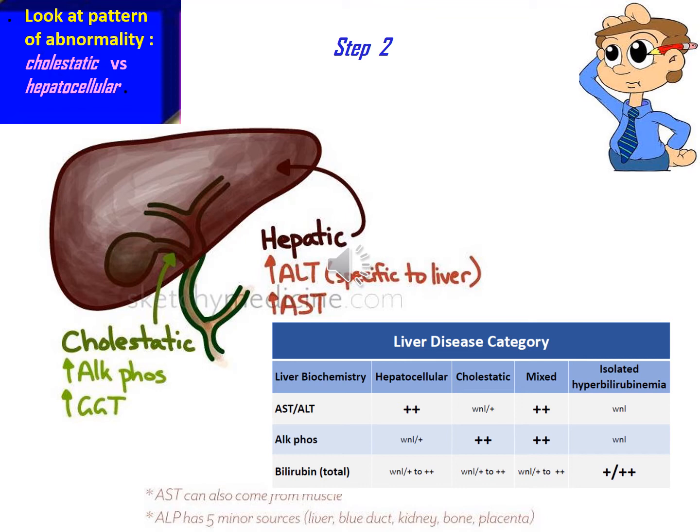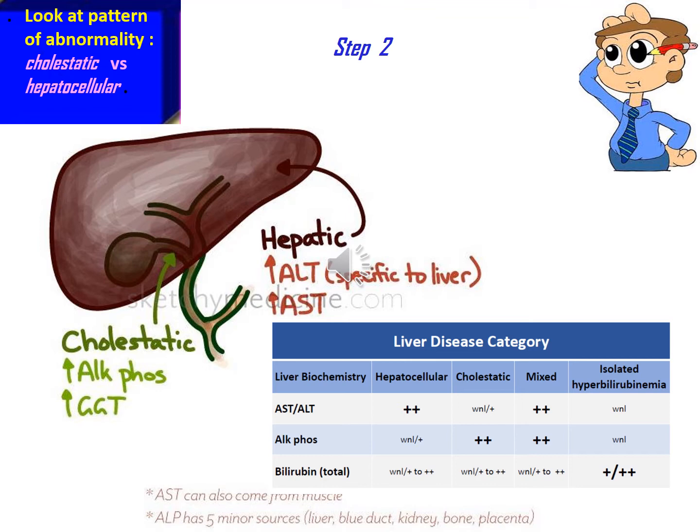If you see the row at the bottom of this table, bilirubin may be within normal or 1 or 2 plus in hepatocellular injury. The same in cholestatic injury. The same in mixed liver disease. Only in isolated hyperbilirubinemia is it usually increased.